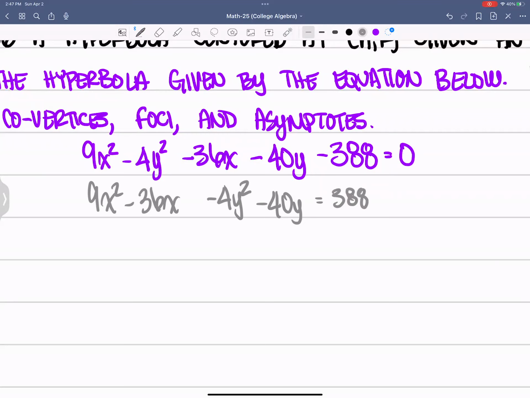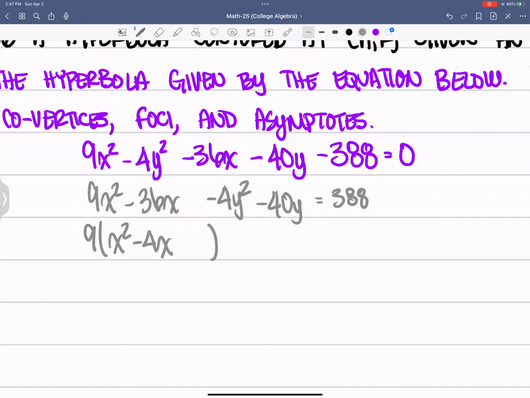All right. We need to complete the square for each x and for the y's. But in order to do that, first we need to make sure that we have a coefficient of 1. So let's group these two together, get a coefficient of 1 here, and group these two together, get a coefficient of 1 here too. Factoring out a 9 from the x's, we end up with x squared minus 4x.